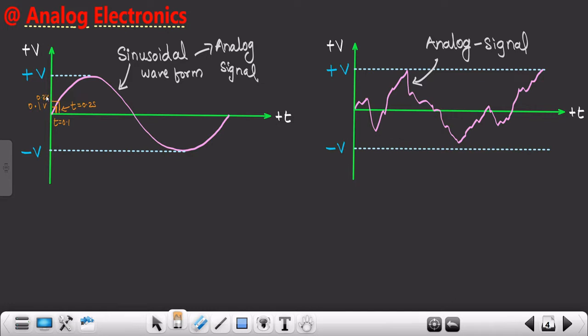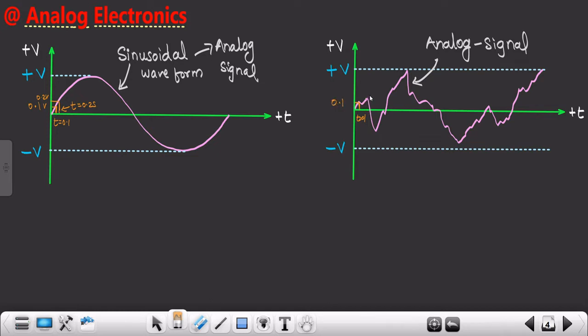On a similar note, if I am seeing this particular waveform, let's suppose that t equals 0.1 second, the voltage of this particular waveform maybe is 0.1 volts only.